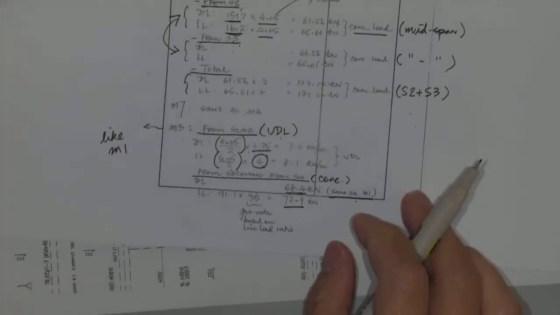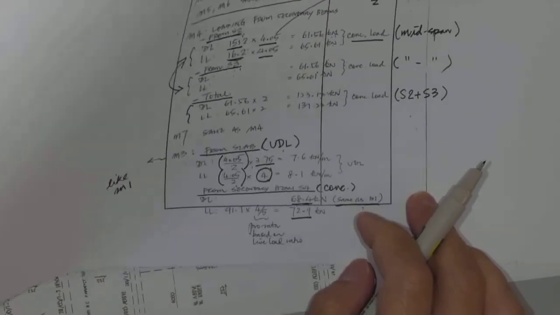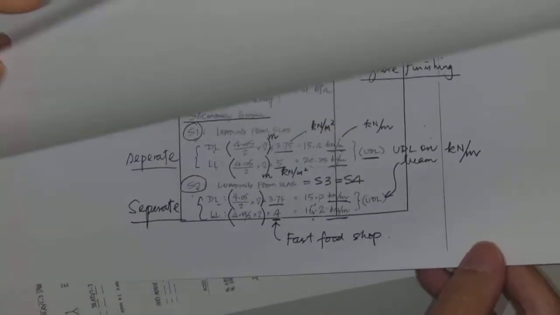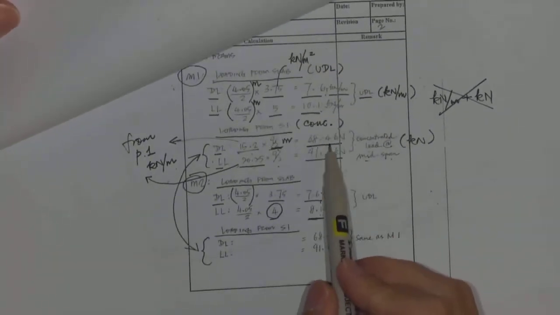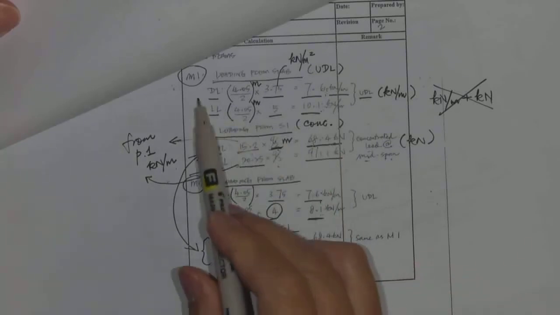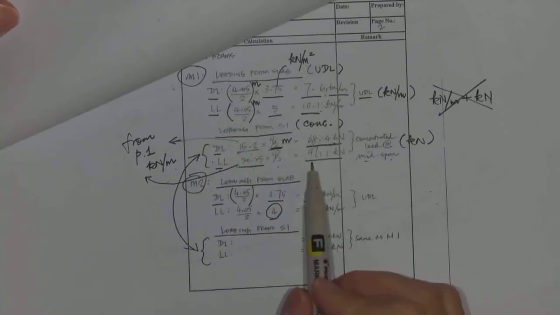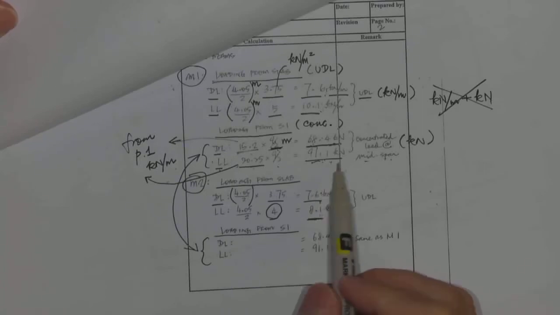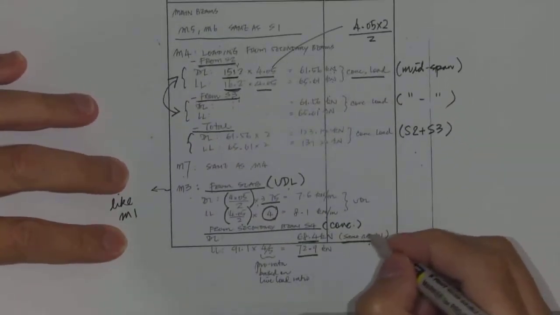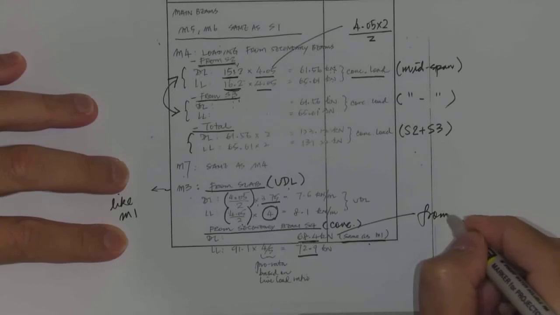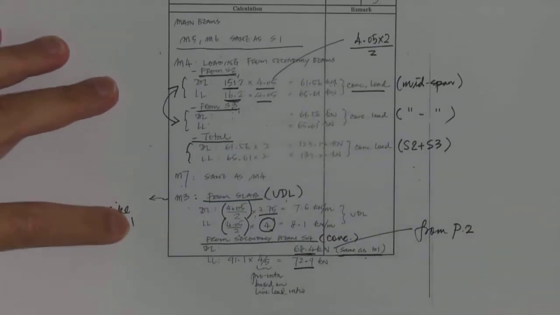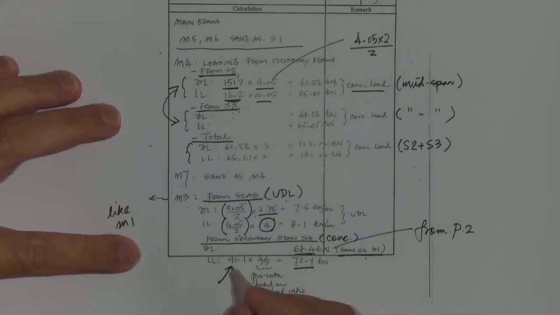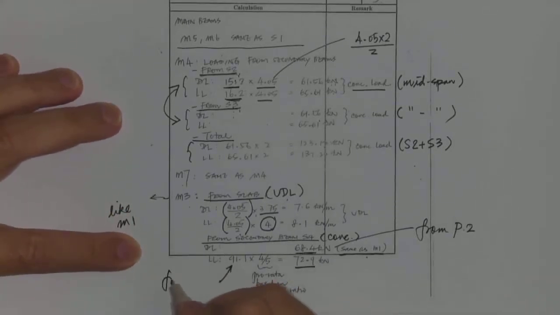Looks like, M1. So M1 is here. Looks like from page 2, live load is 91.1 on M1. So this number here is from page 2. Yes. This number here is also from the page 2 calculation.